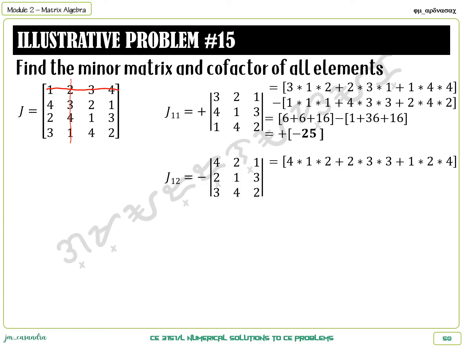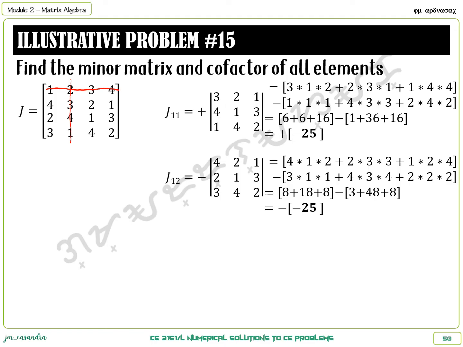We'll have 4 times 1 times 2 plus 2 times 3 times 3 plus 1 times 2 plus 4 minus 3 times 1 times 1 plus 4 times 3 times 4 plus 2 times 2 times 2. And if we simplify this, we'll now have 8 plus 18 plus 8 minus 3 times 48 or plus 48 plus 8. So we'll have a value of negative 25, and we also include the negative sign of the matrix.